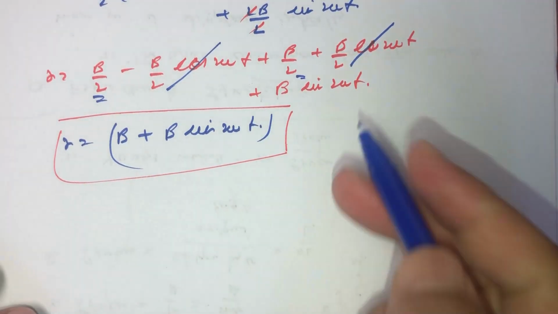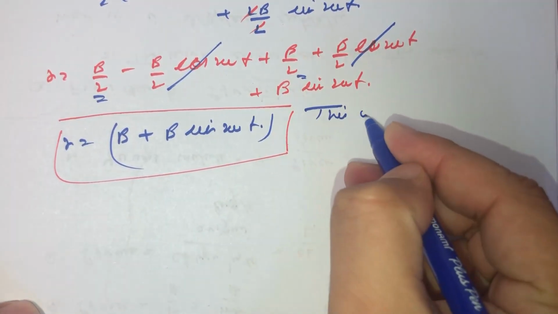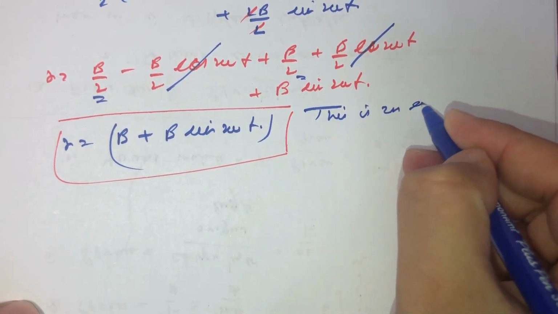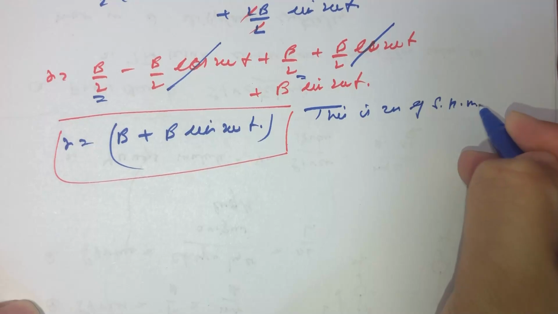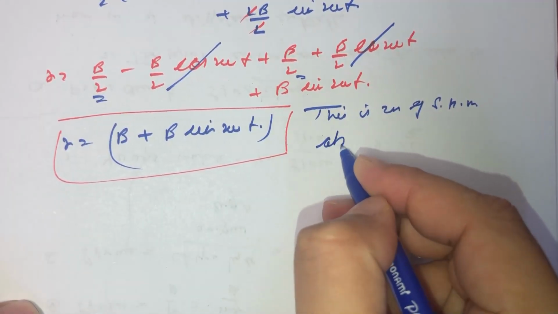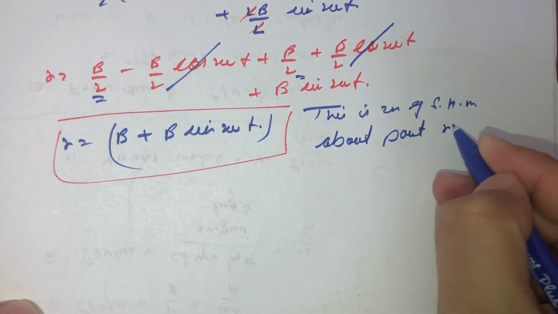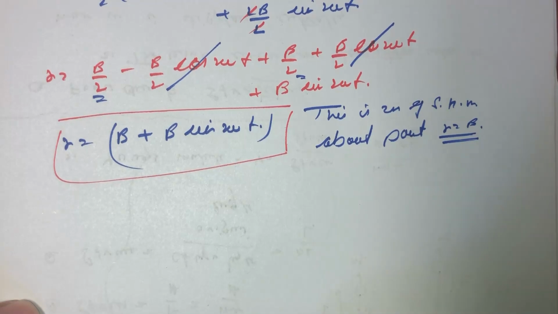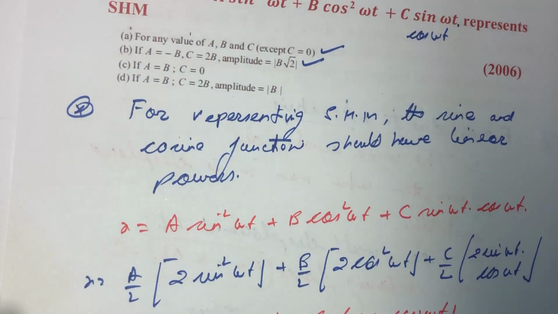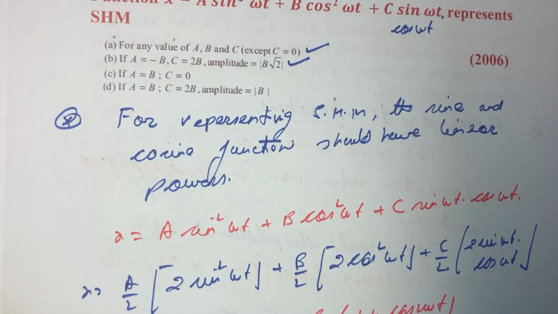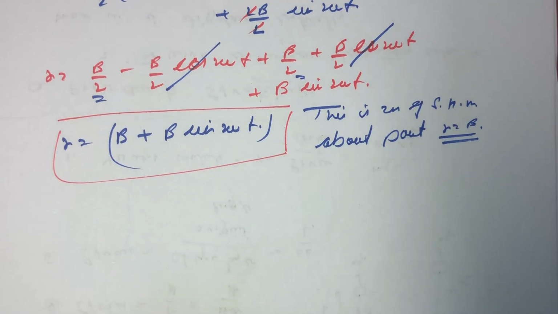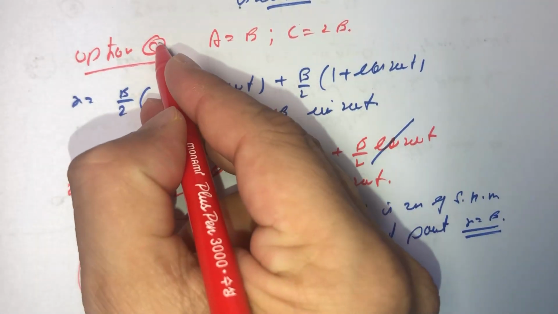This is the equation of SHM about the point x equal to B. And finally, this was option D, sorry, my mistake.